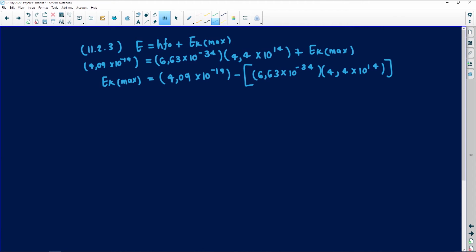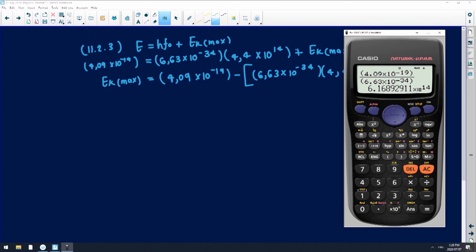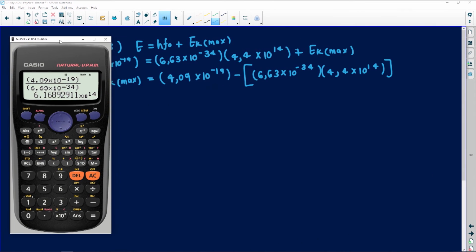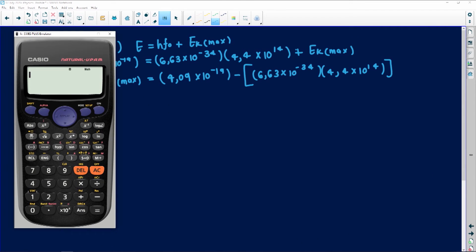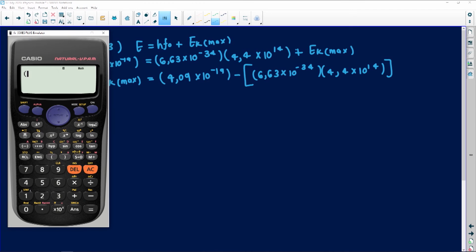Close my brackets. So now let's put this in our calculator and see what we are getting. Put it exactly as it is. Now remember to always put brackets around your stuff because you don't want to get the wrong answer. So I have 4.09 multiplied by 10 to the exponent negative 19. Close my bracket.